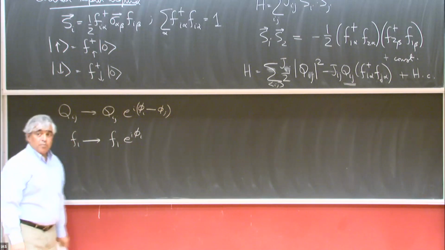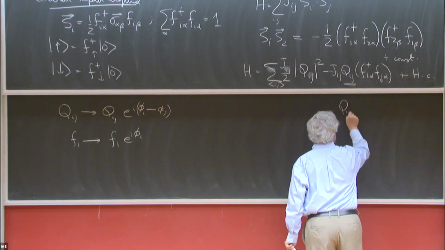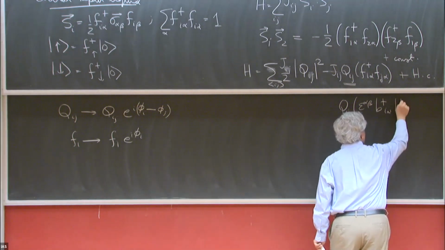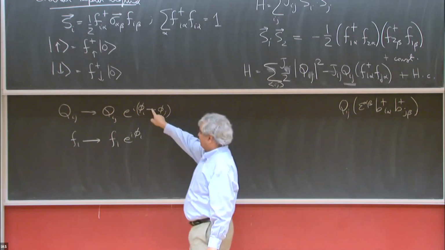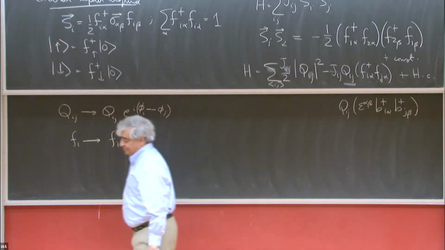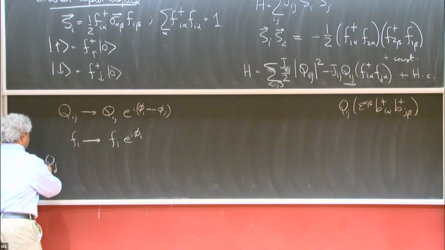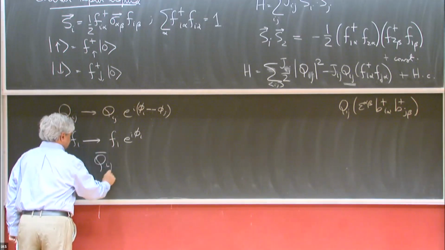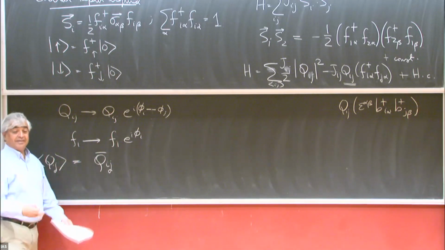Can you remind us what was the difference with the previous model you discussed? In the previous model I had Qij as epsilon alpha beta, B dagger i alpha, B dagger j beta. So in that model, I would have a plus sign here, not a minus sign. Now the minus sign actually makes life very simple, because if I take Qij and it has a saddle point value, which is Q bar ij on some set of bonds, then I notice that there's an unbroken U(1) gauge symmetry.